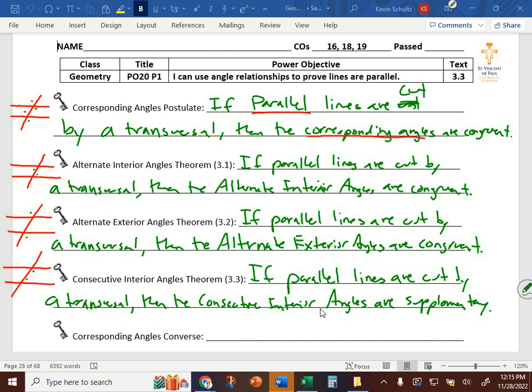Yes, Damien, because there's a whole other flip side to this. If we have the corresponding angles postulate, which notice is an if-then statement, and now down here we have the corresponding angles converse. What do we remember about conditional statements and the converse?